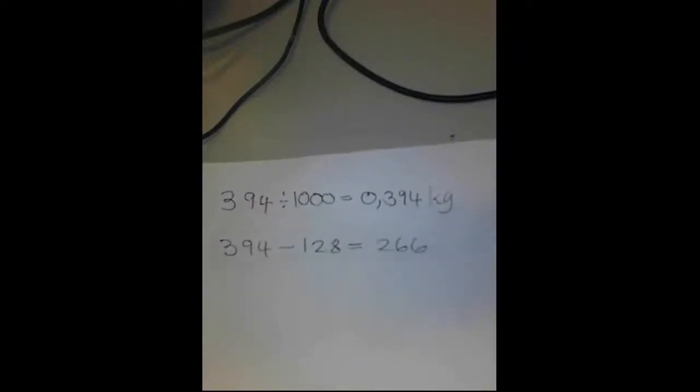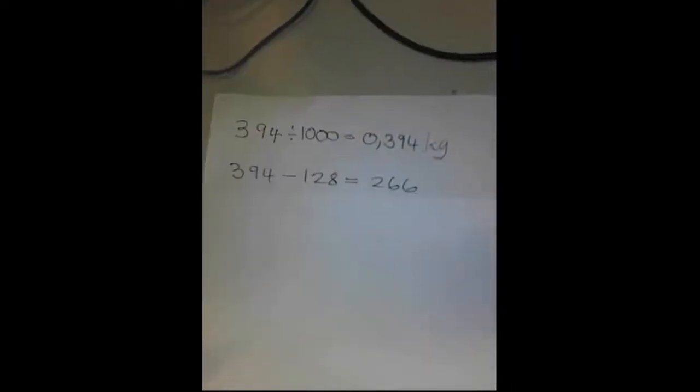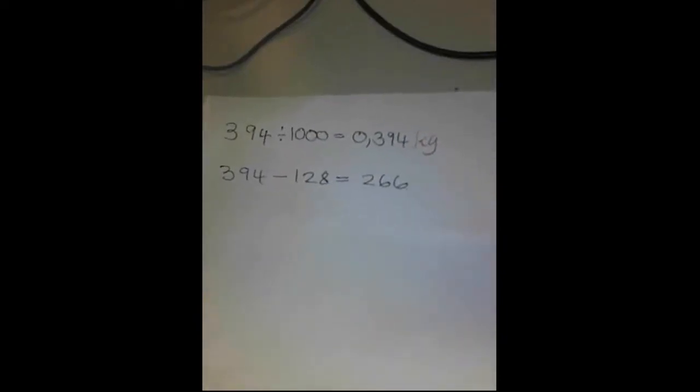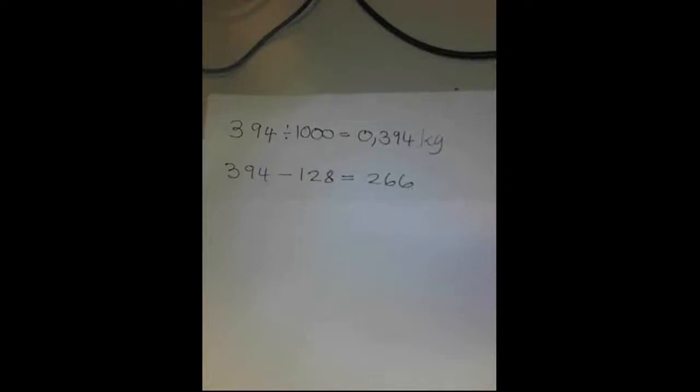Secondly, the question asks, the pear is removed from the kitchen scale. "Removed" is your literacy word for another word for minus. Find the difference. So 394 minus 128. If the pear is removed, what will be the new reading?